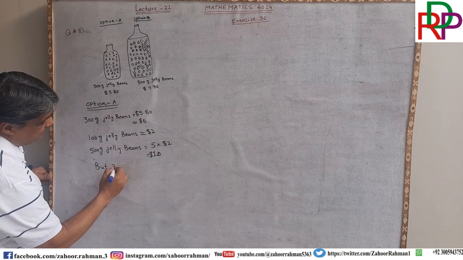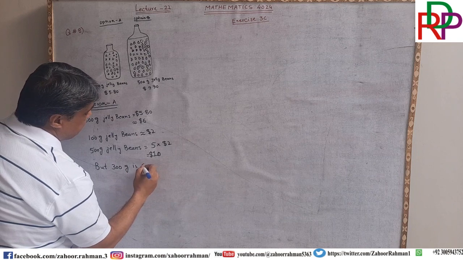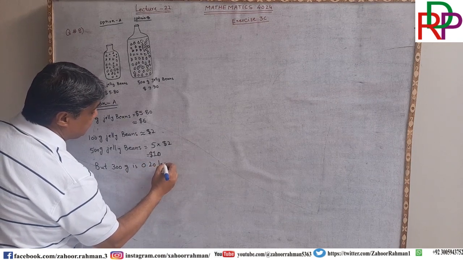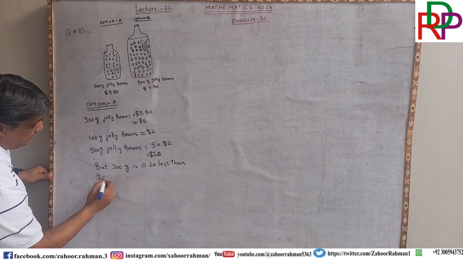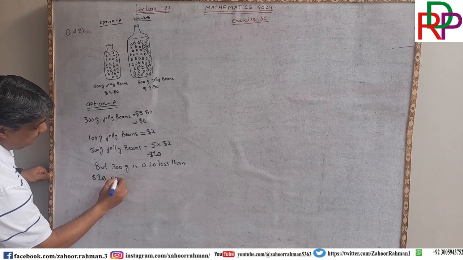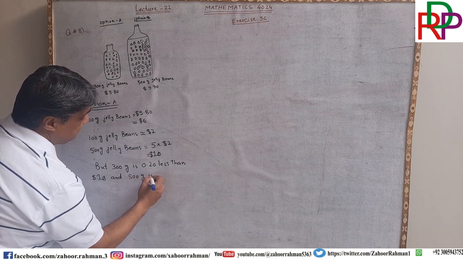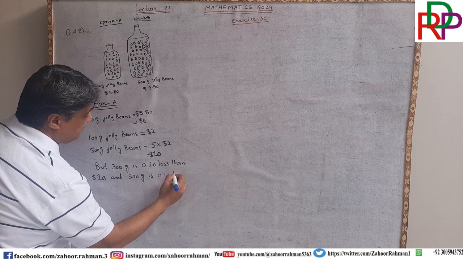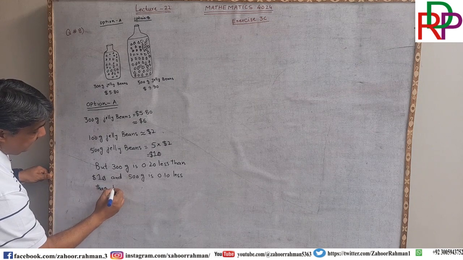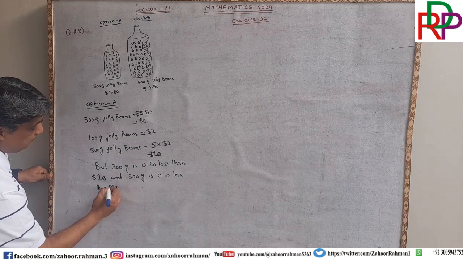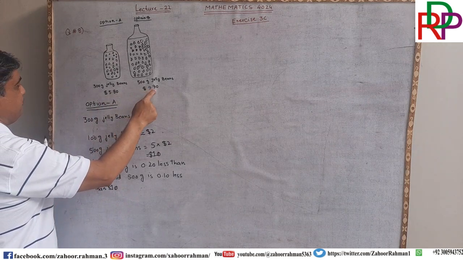But 300 gram is 0.20 less than $10, and 500 gram is 0.10 less than $10, because that is 5.80 and this is 9.90.